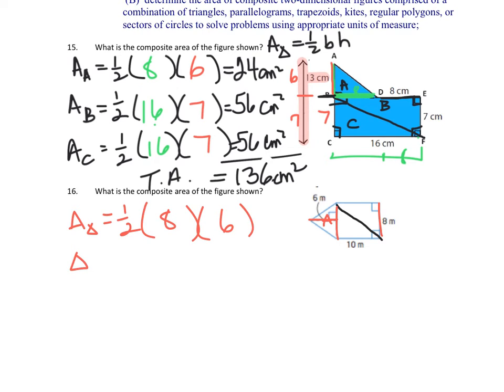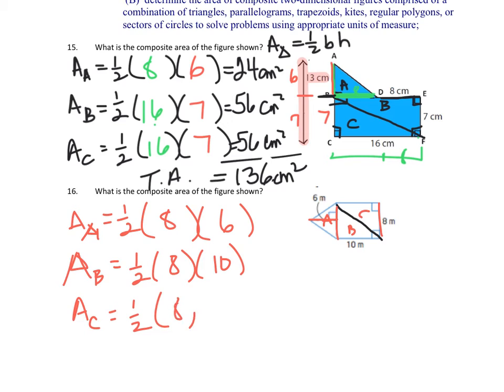The area of triangle B is 1/2 8 by 10. And area of triangle C is also 1/2 8 times 10. And again, you can do a square, it's just that that's what I'm modeling because that's what we did this unit, okay?